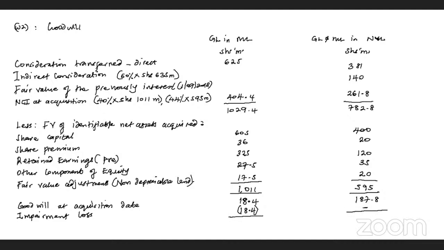So you come up with your goodwill at reporting date, that is 30th June 2019. Here there is no goodwill for ML, but for NUL, we have a goodwill of 187.8 because there was no impairment of this goodwill.